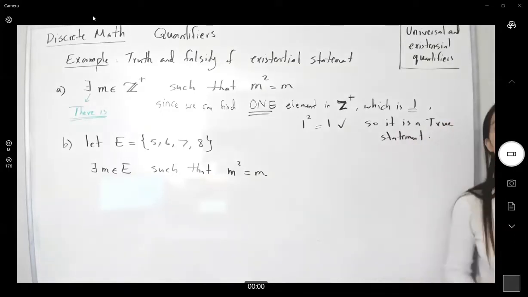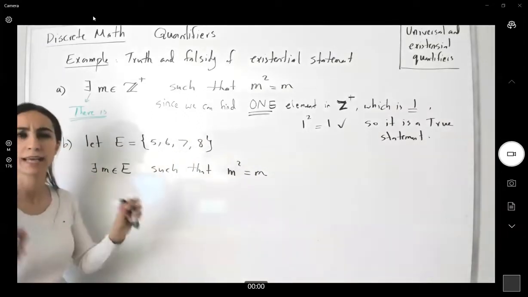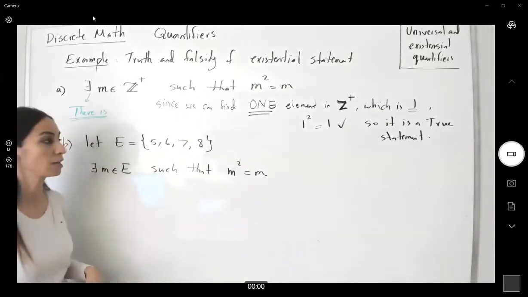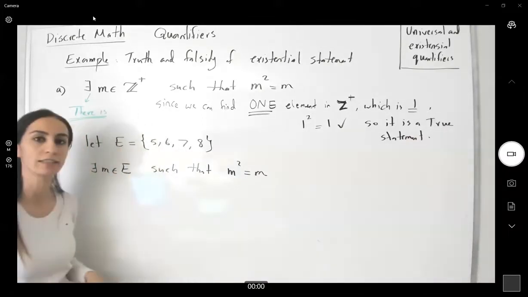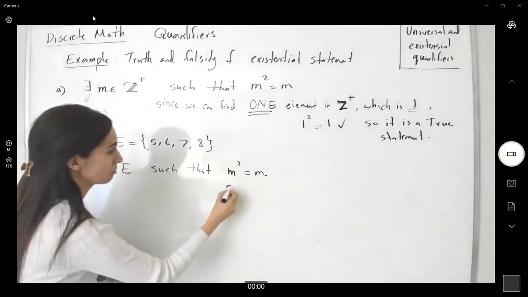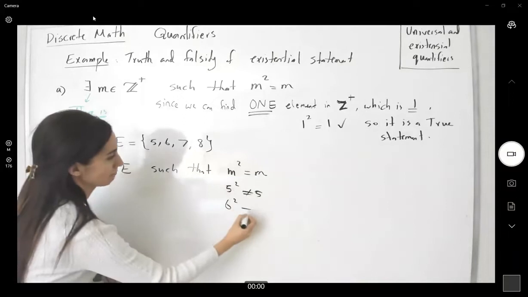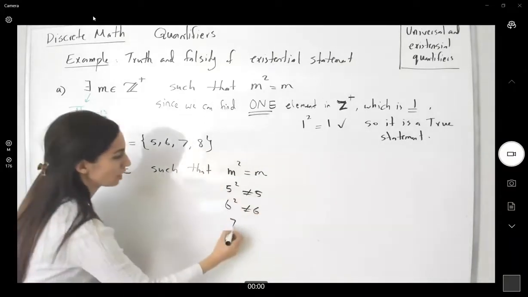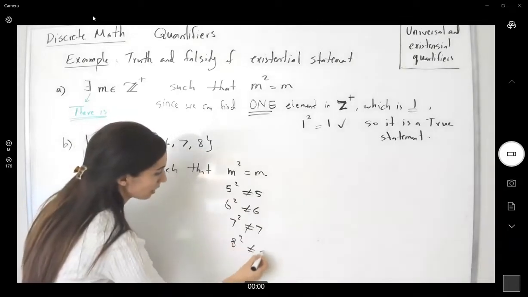Now, what if I restrict the domain to this set? Can I find at least one number in this set that satisfies this relation? Of course not. 5 squared is not equal to 5. 6 squared is not equal to 6. 7 squared, not 7. 8 squared is not 8.